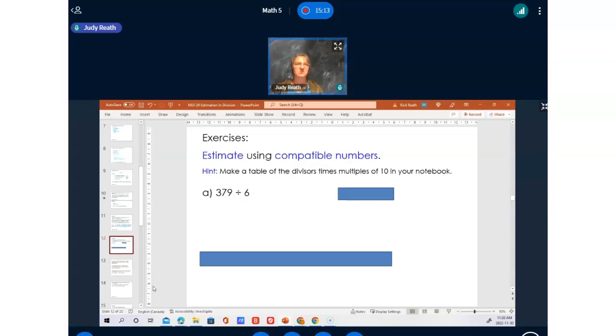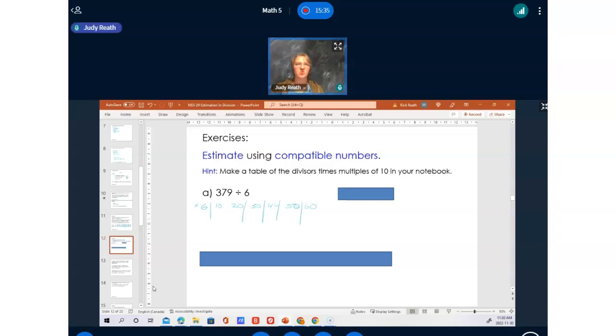So we could do that with these as well. If we start with 6, we could make a table like this. If we want to times 6, 6 times 10, 20, 30, 40, 50, and 60.